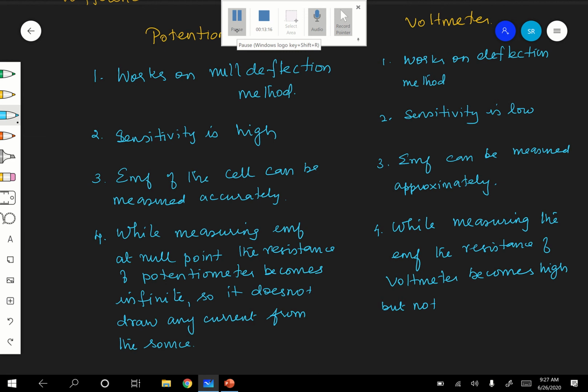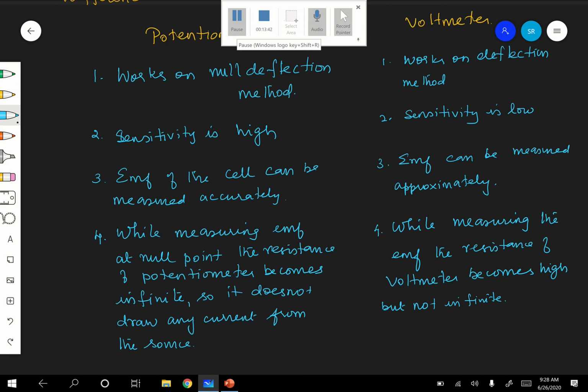A very important property of a voltmeter is that it should have very high resistance, because it is meant for measuring potential difference and should not draw any current.